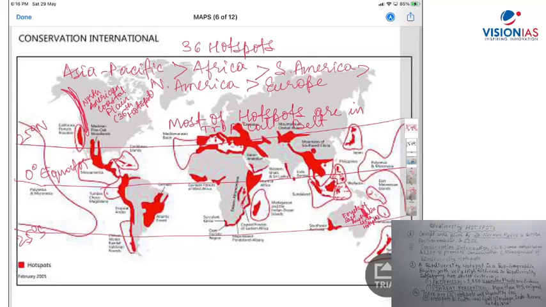Now there is a concept called the hottest hotspot. There is something called the hottest hotspot.